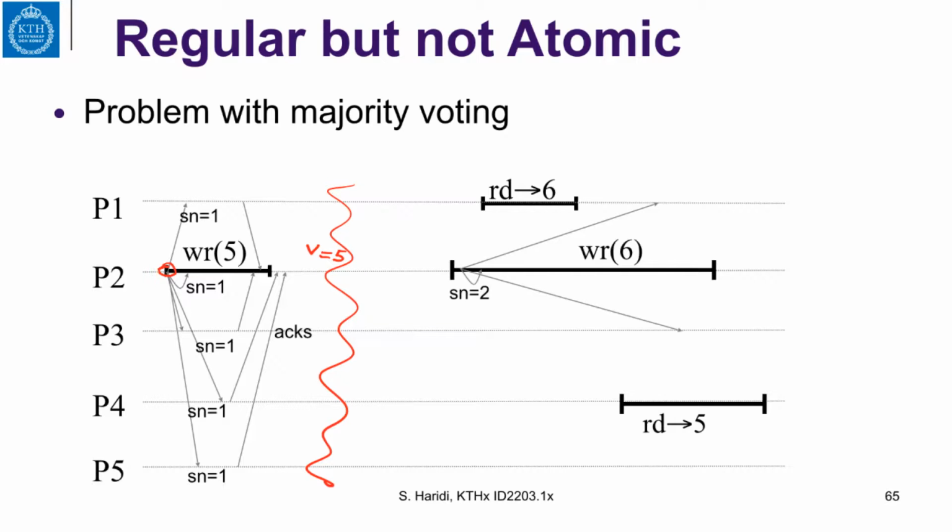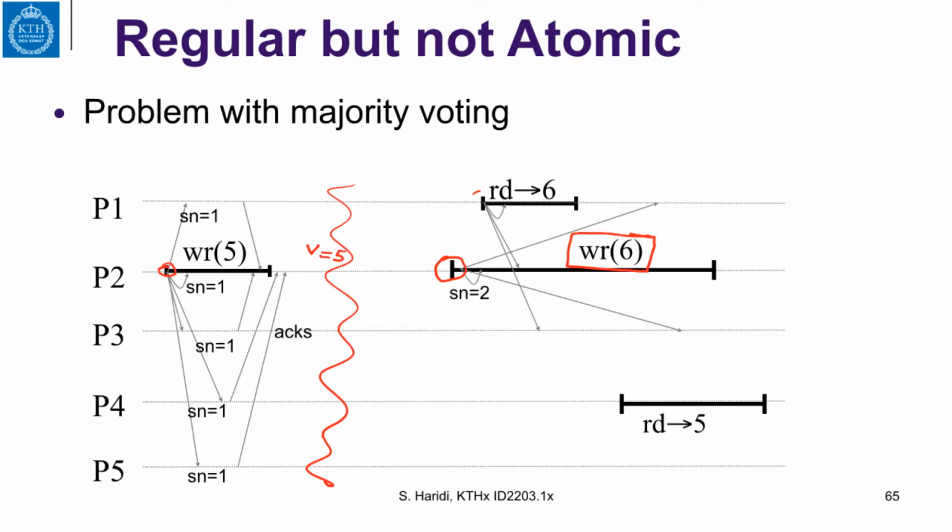Let us see what happens with the next operation. So the invocation of the next operation, we have a write operation here. This will happen with sequence number 2, and it will do an update phase. So process 2 starts the update phase with sequence number 2.